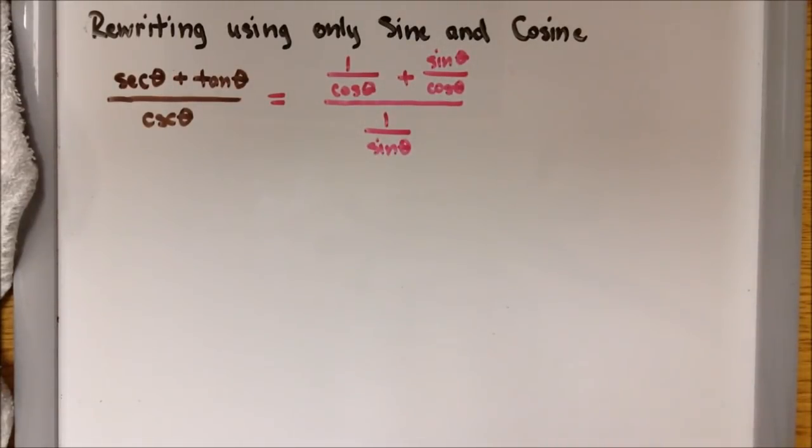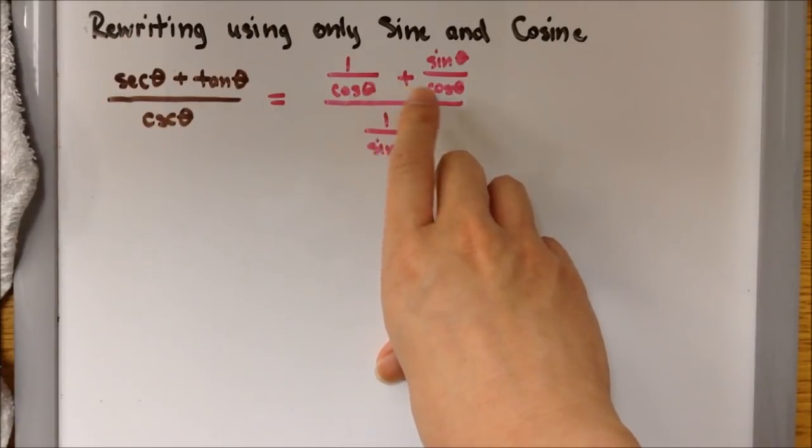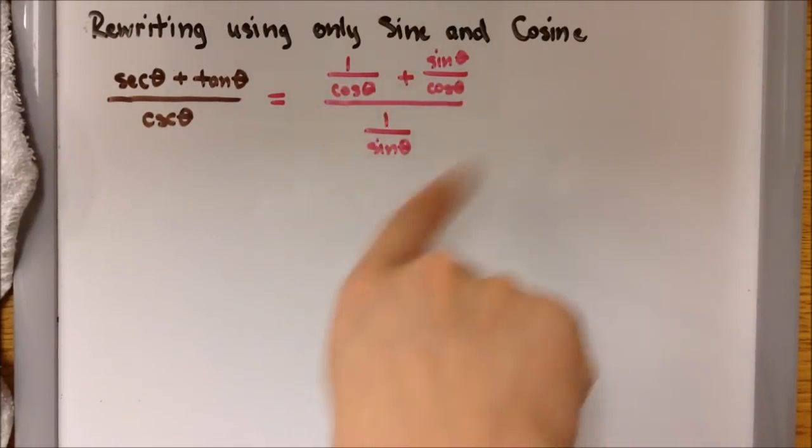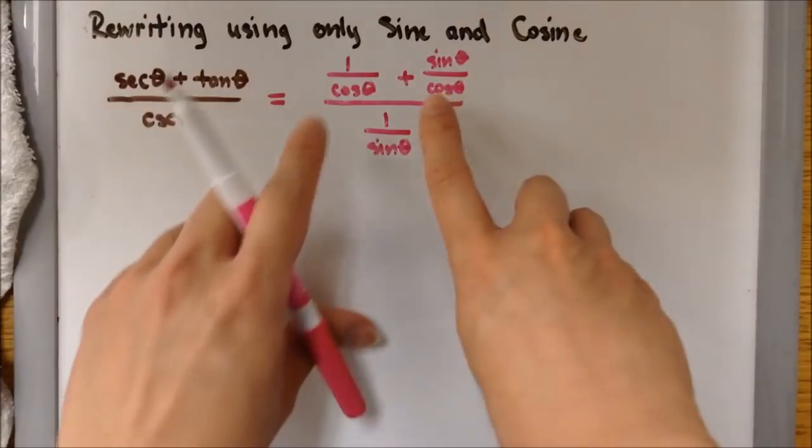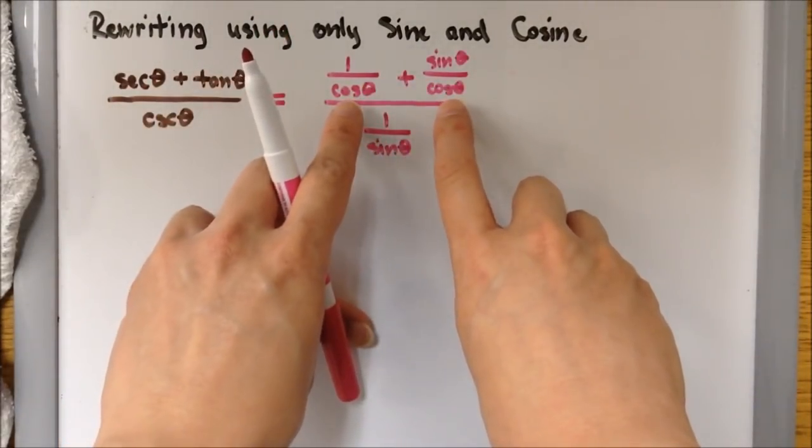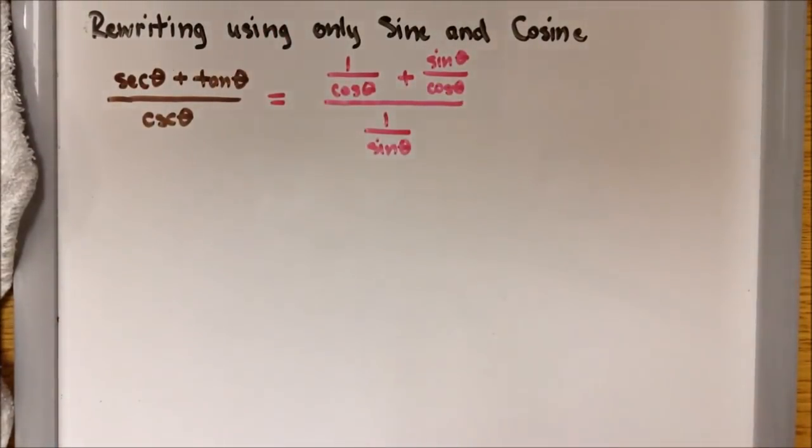Alright, so looking at this, if I look at the numerator of the whole big fraction, I can add these two fractions because they both have cosine, which is good.